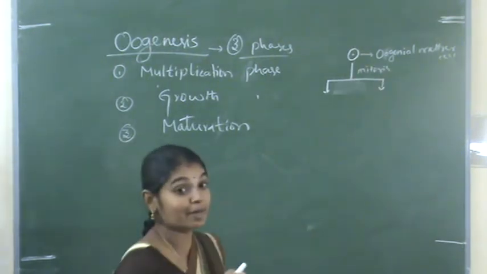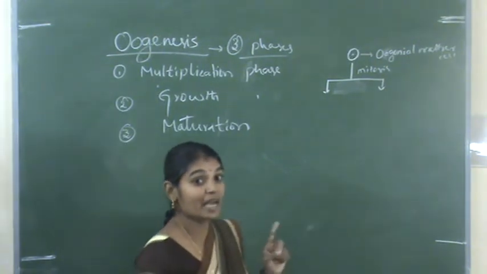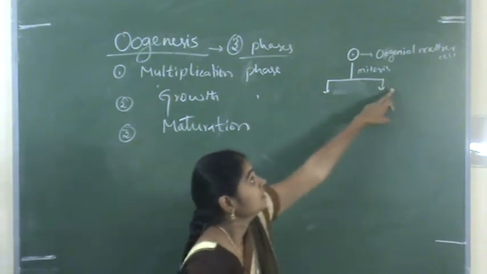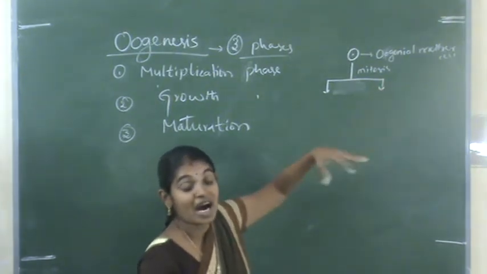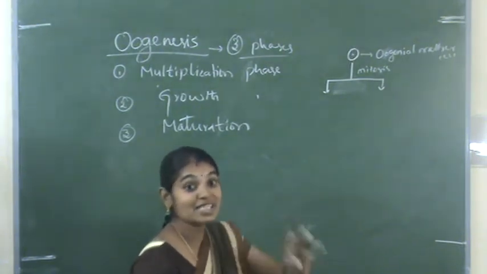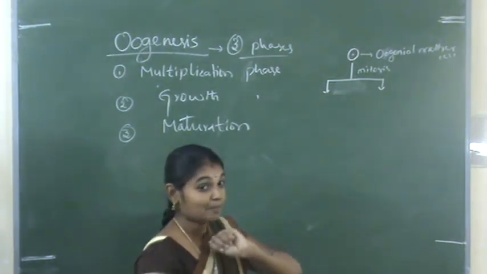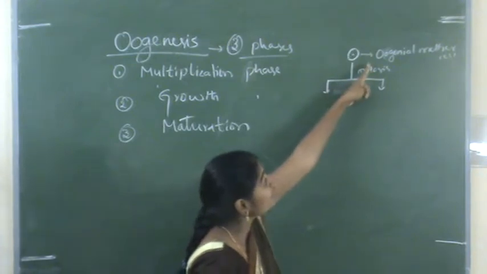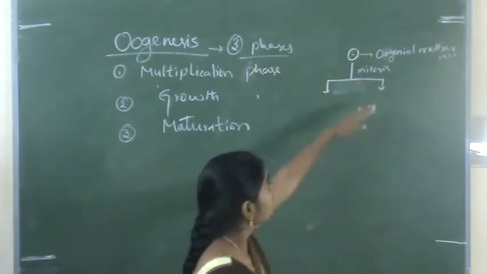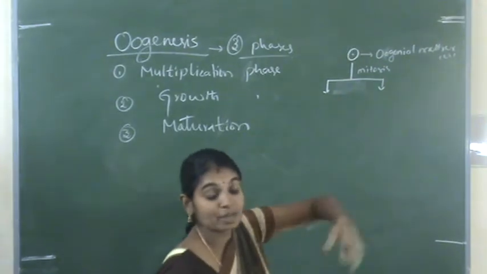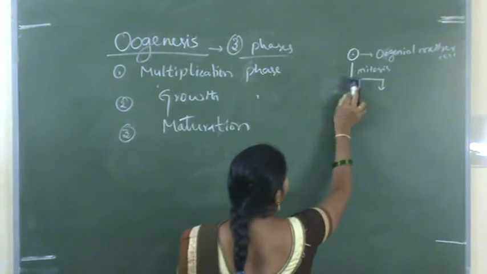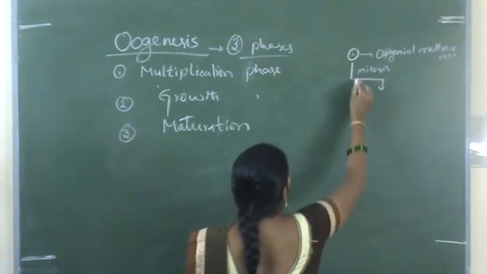And we have to remember that from one oogonial mother cell, only one egg is formed. Unlike sperms, where from one spermatogonial mother cell, 4 sperms are formed, here from one oogonial mother cell, only one develops into an egg. So that has to be mentioned here.